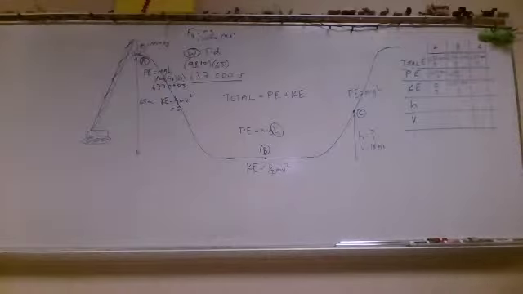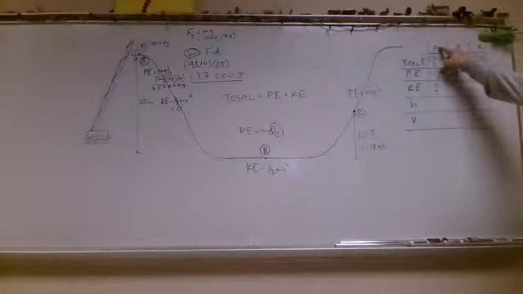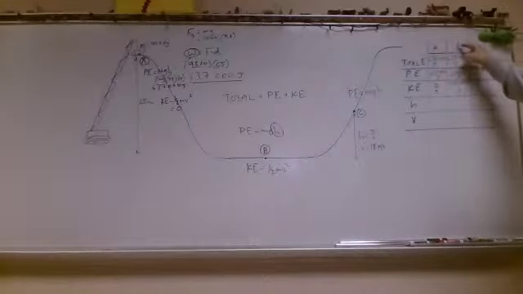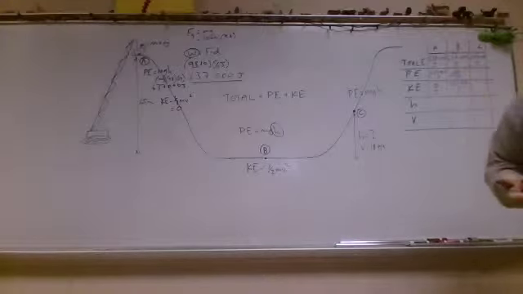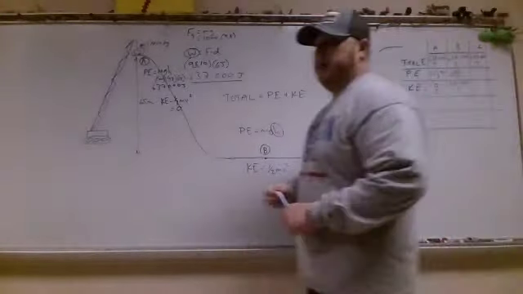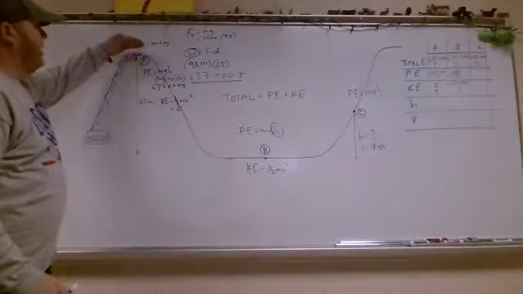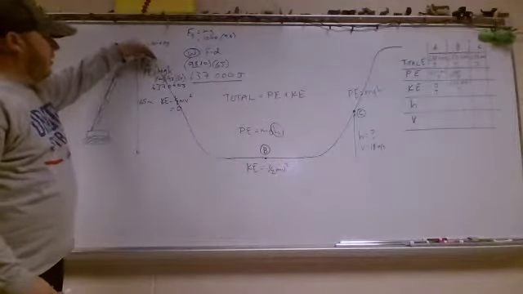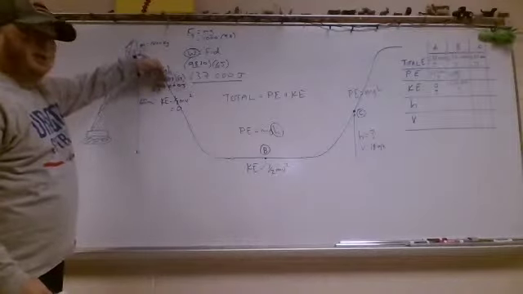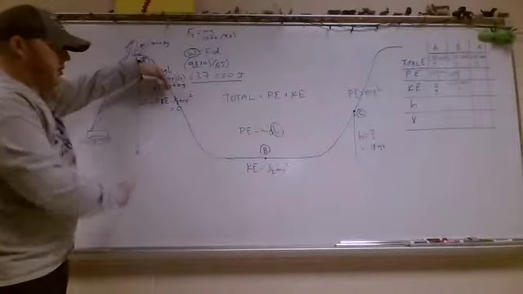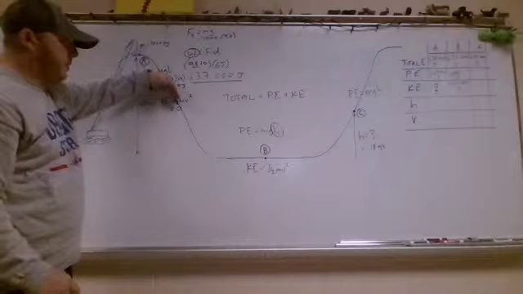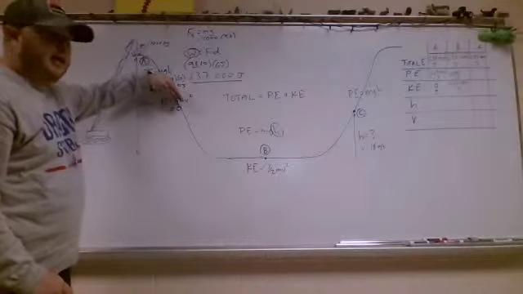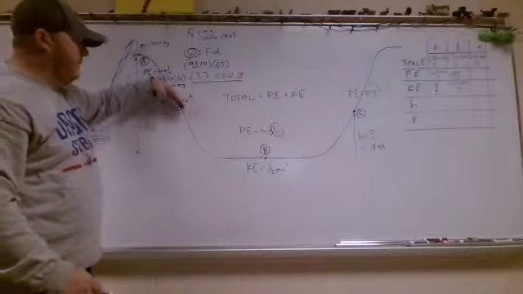So if you look at this table, look what's happened between the max height at A and the minimum height at B. The kinetic energy and the potential energy have flip-flopped. Okay, so that's exactly what happens conceptually. Now you have all potential and no kinetic, but as you fall down the hill, you're losing potential energy because you're getting lower, your distance is smaller, but you're gaining kinetic because your speed is getting bigger.